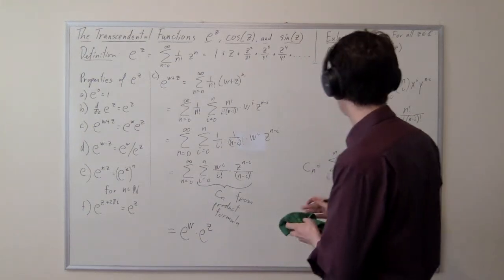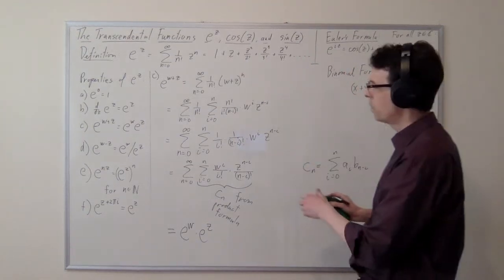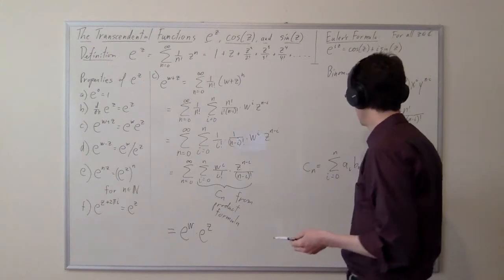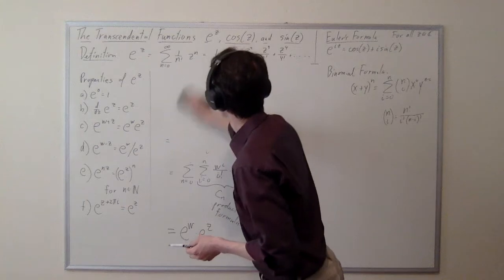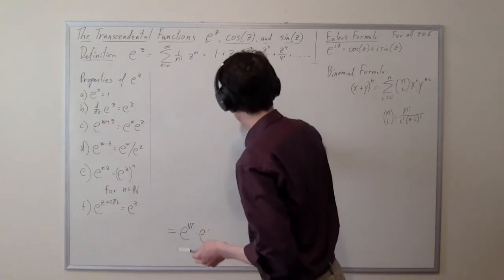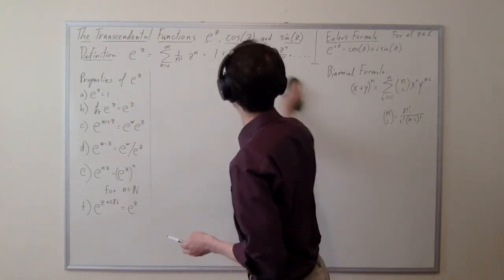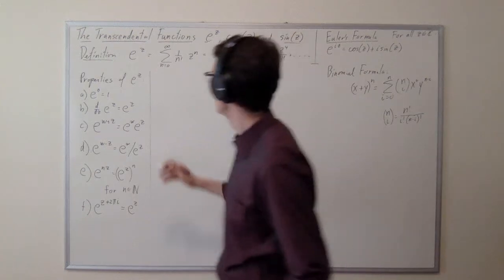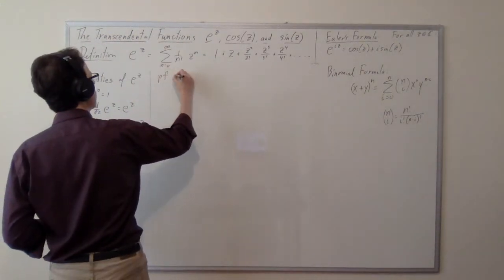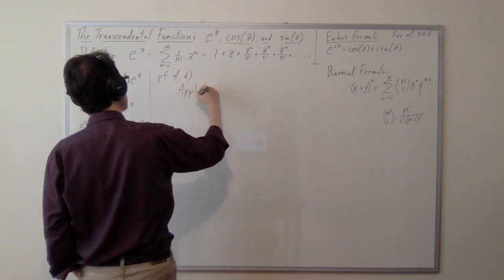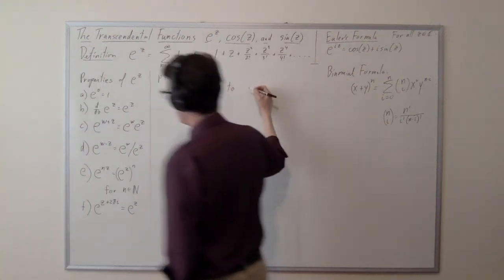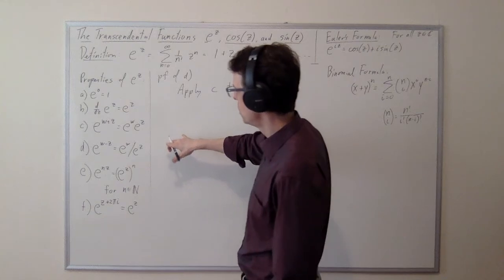So what we're going to do is erase the proof of C, and then we'll prove D on the basis of part C, now that we've proven it. So how do we prove D? We basically just apply C to the right values. So, proof of D: we apply C to e to the w.